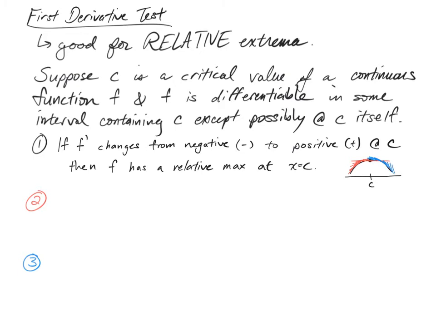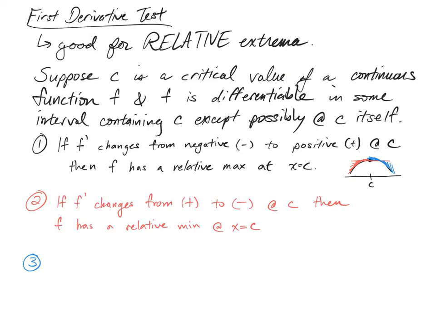Doesn't it make sense that this point right here is a relative maximum? It tops out. And we can use this same logic to get through the second conclusion, which is, if f prime changes from positive to negative at c, then f has a relative minimum at x equals c.